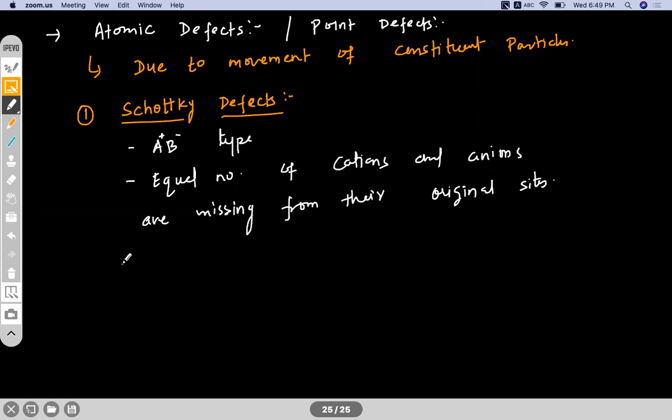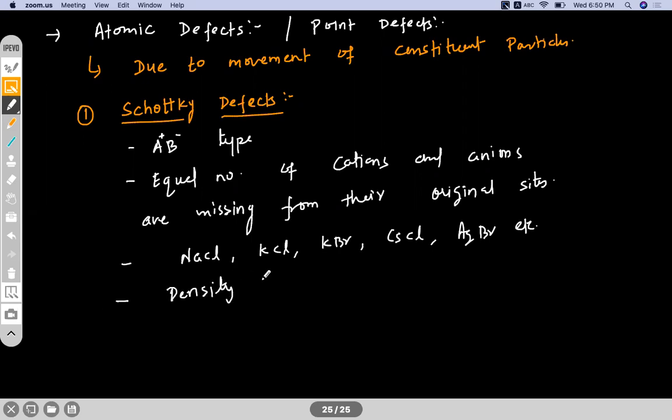It is observed in strong ionic compounds like NaCl, KCl, KBr, CsCl, AgBr. AgBr also shows this. Few properties of this kind of defect you must remember. The ions are missing from their original sites, hence the density of the crystal decreases in this type. Stability also decreases. Lattice energy also decreases.